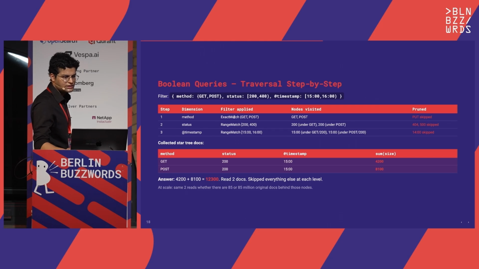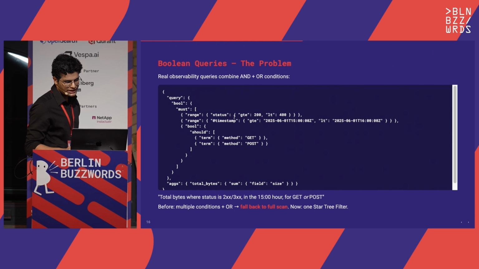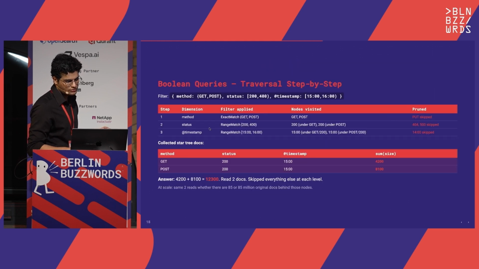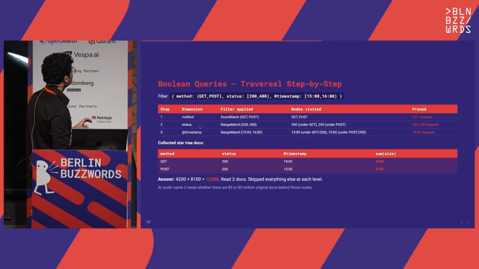Same for the status, that will correspond to a range match, because in the query we had a range query on the status dimension. Again, for the timestamp, that will again be a range match, because we want to find out the nodes which have timestamp between 15th to 16th, or all the documents on the 15th of June 1st.